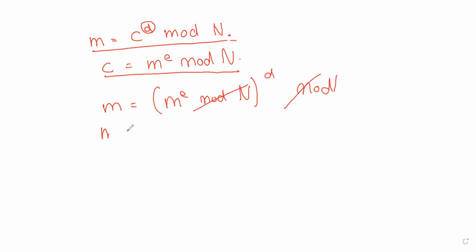You can say M equals M to the E to the power of D. Because mod N, because of something complicated, these will cancel out and you'll have M equal to M, okay? And that's the beauty of it all.